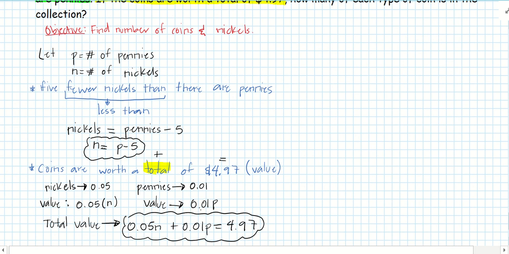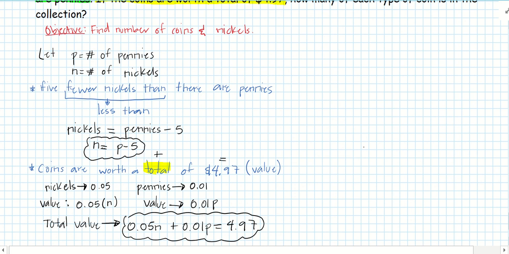Okay. So there we have our two equations that we're going to be working with, right? One talks about the number of coins in the collection, which is N equals P minus 5. And the other one talks about the money, the price value inside of the bag or in the collection.